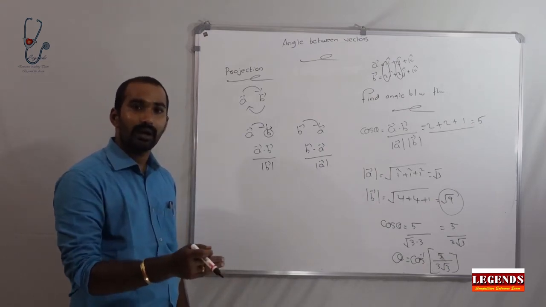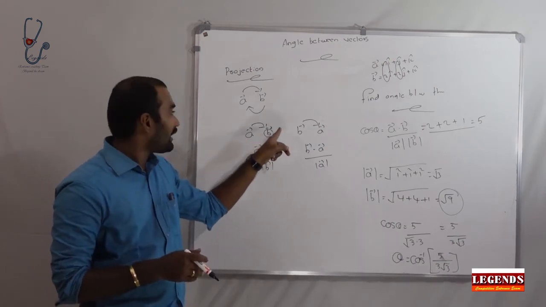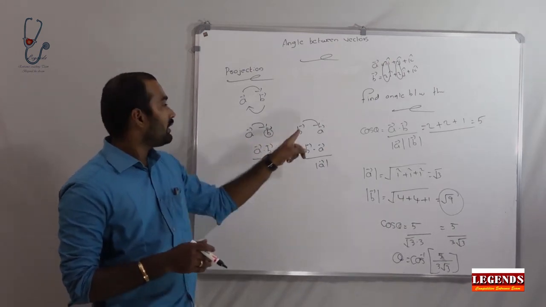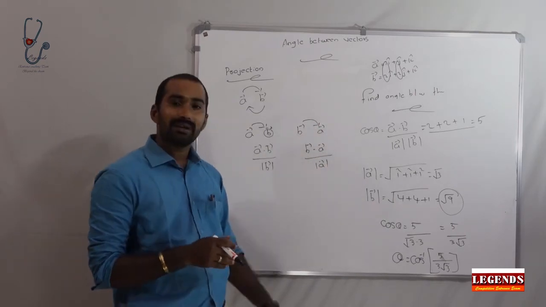Here A vector is going to B vector, so divide by B vector. In the second case, B vector going to A vector, divide by the A vector.